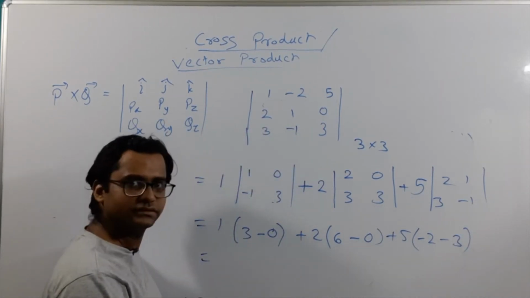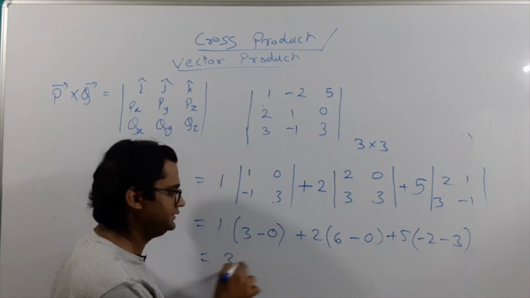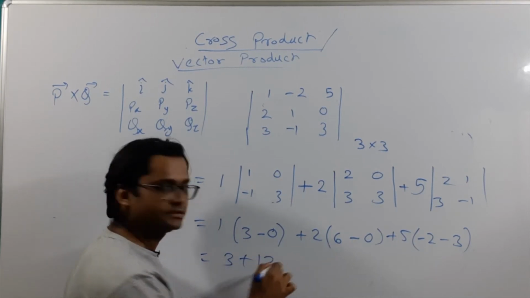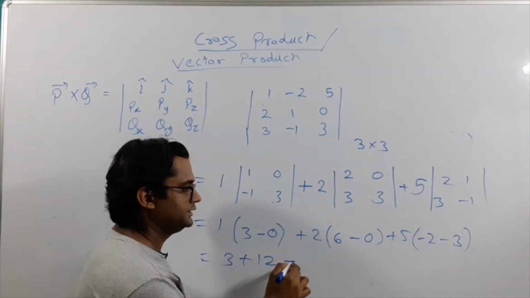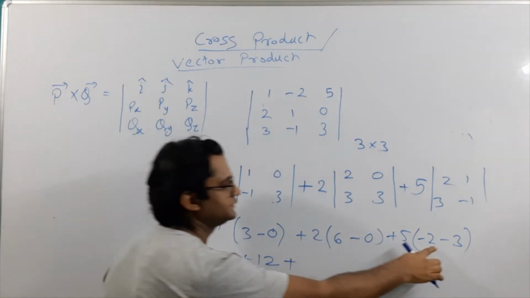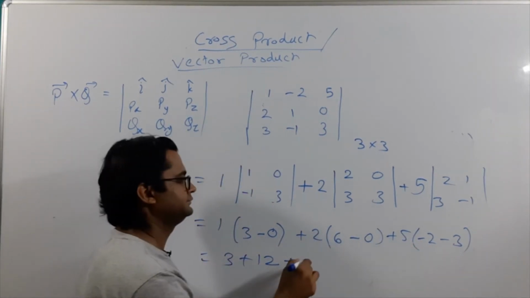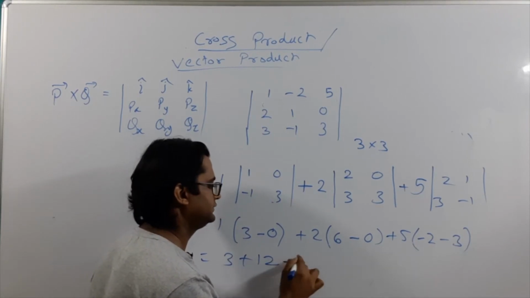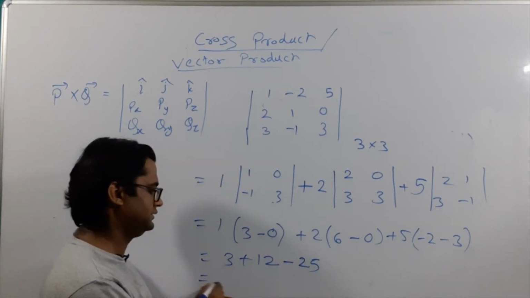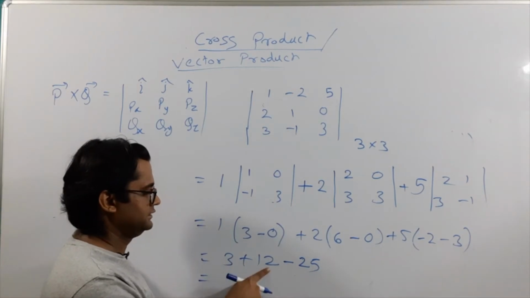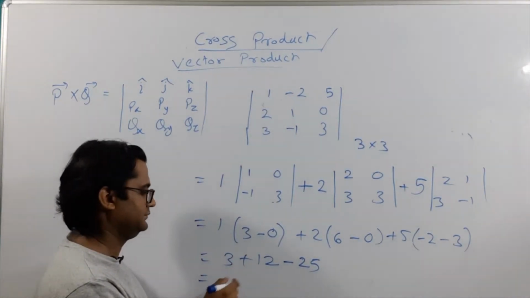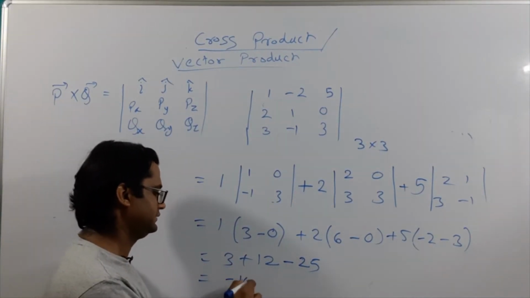So let us solve this. This comes out to be 3 1s are 3 plus 6 2s are 12 plus that minus 5 into 5. So this will be minus 25, and what we get is 12 plus 3 is 15, 15 minus 25 is minus 10.